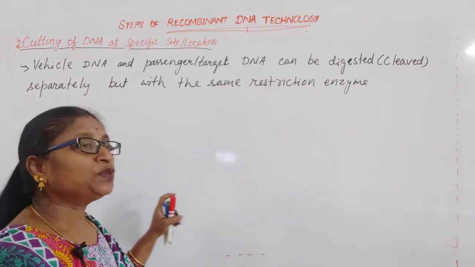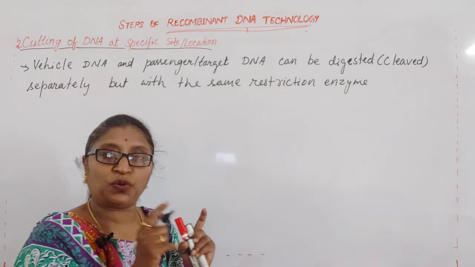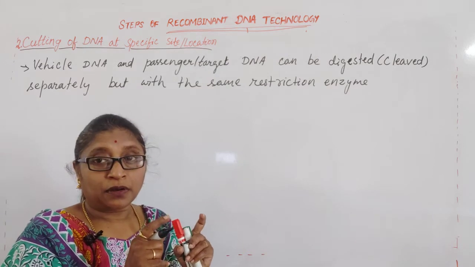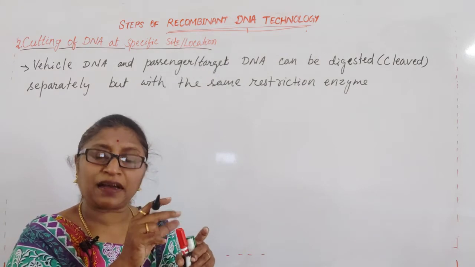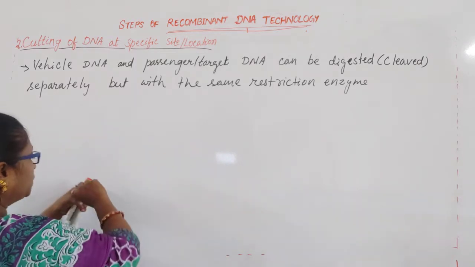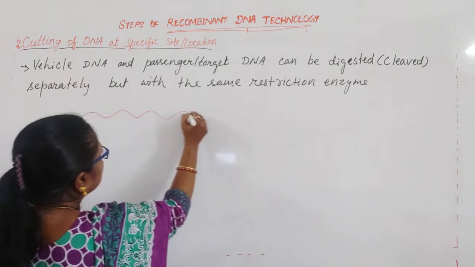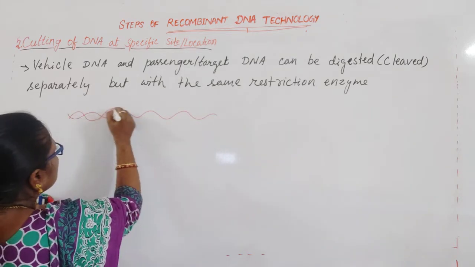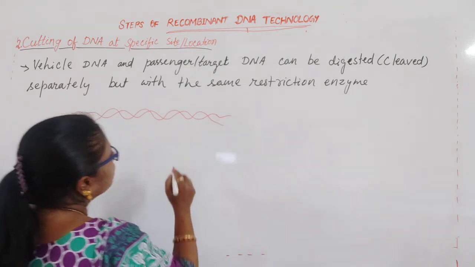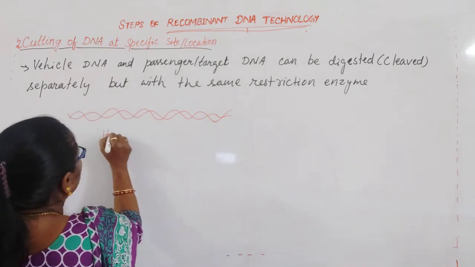Suppose we want to cut a plasmid and we want to cut the human gene. From the DNA we want to take the gene for insulin. So suppose this is the human DNA.